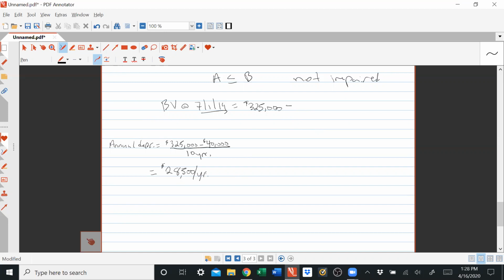So each year we're debiting depreciation expense for 28,500, crediting accumulated depreciation for 28,500. So if we do a T account for accumulated depreciation, we credited 28,500 in 2015, 28,500 in 2016, 28,500 in 2017, and 28,500 in 2018.